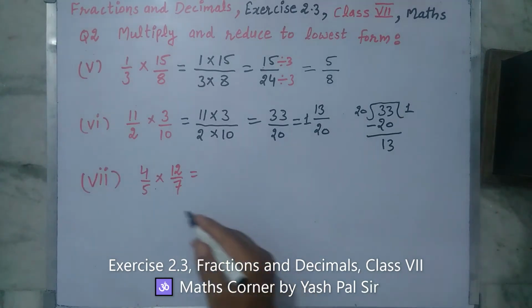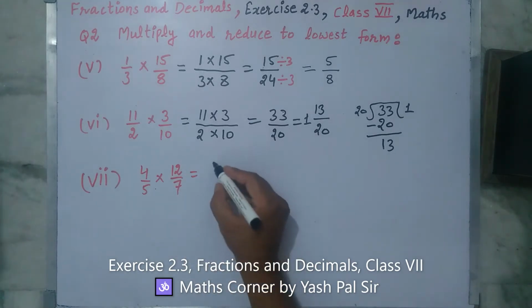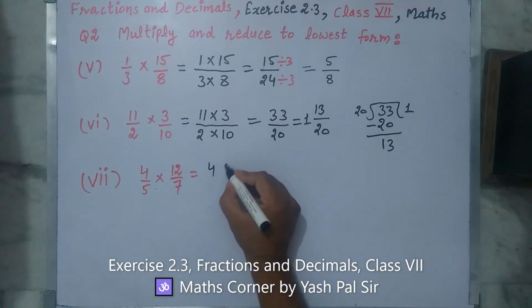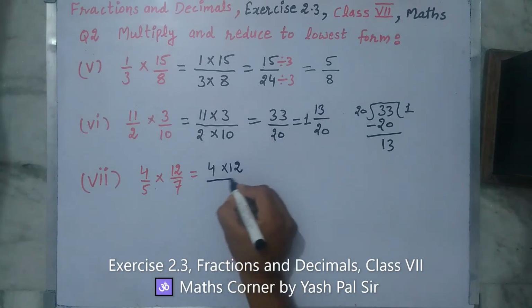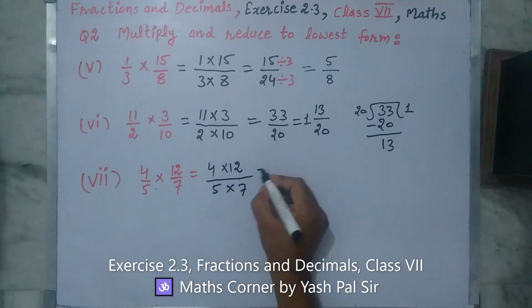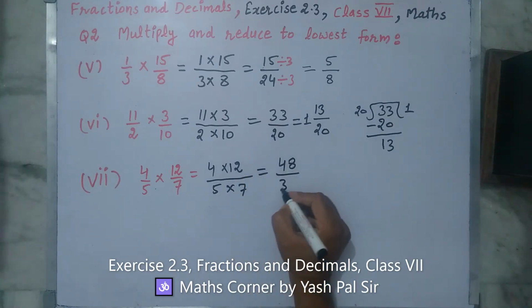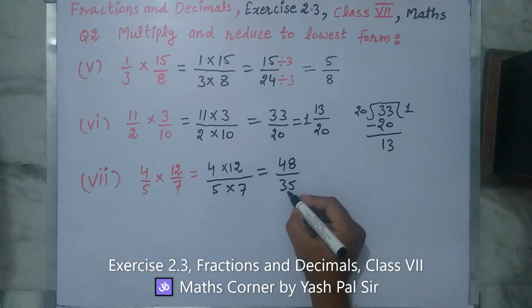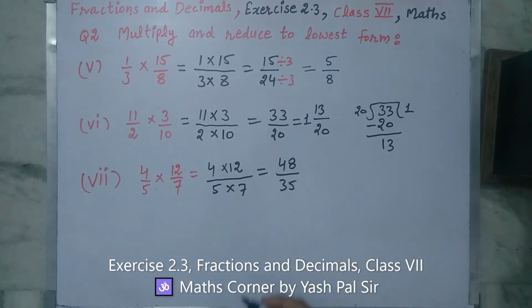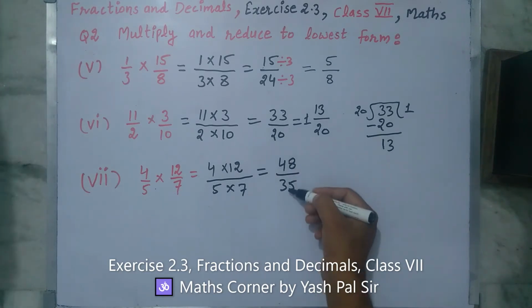Our next part number 7, 4 by 5 into 12 upon 7. So first of all, 4 into 12 divide 5 into 7. So the answer is 48 divide 35. Again 48 and 35. Is there any number which is common in 48 and 35?